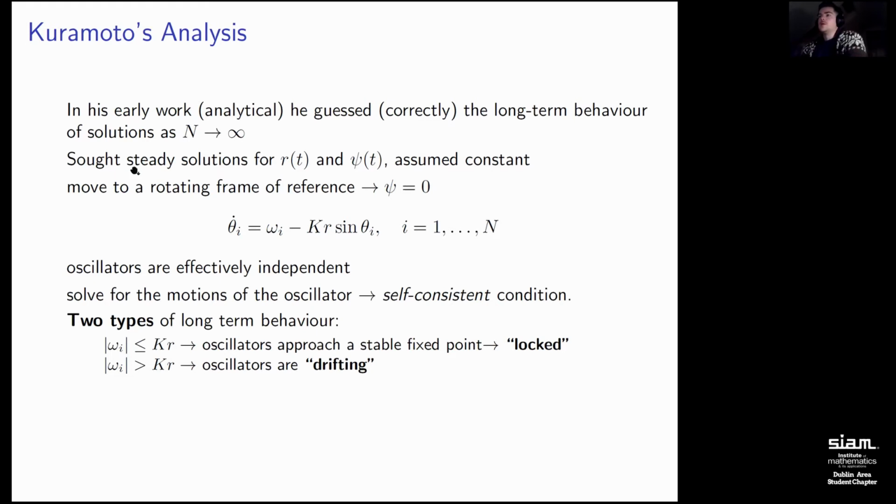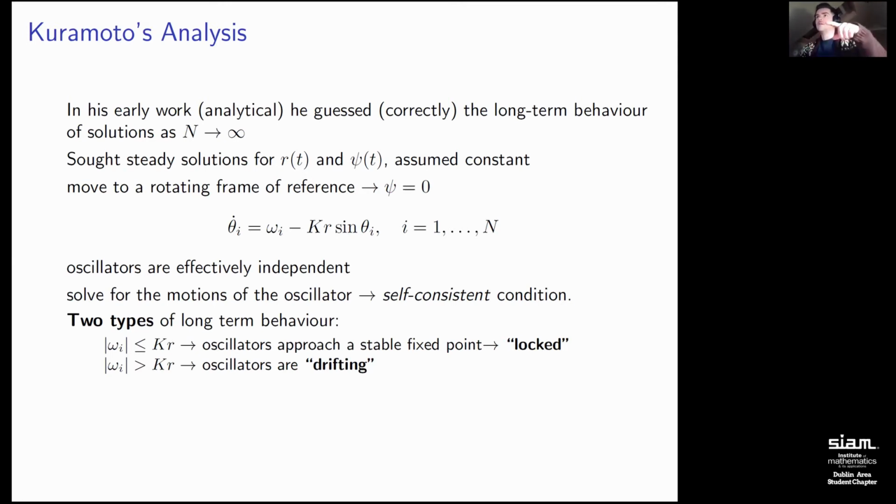In the long-term limit, he assumed that the synchronization would come to a constant, as well as the average frequency. Because the average frequency becomes a constant, you can shift frames of reference. So he shifted to a rotating frame.